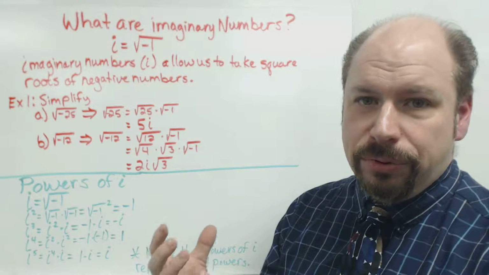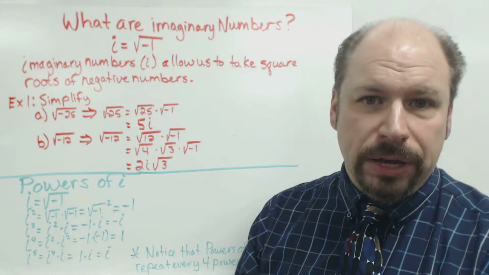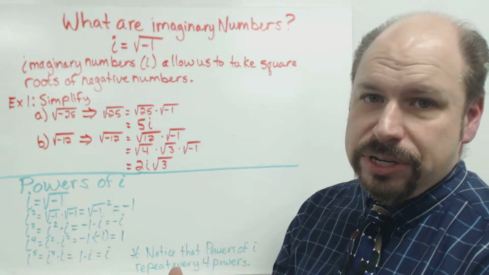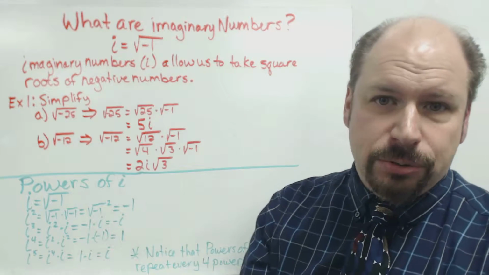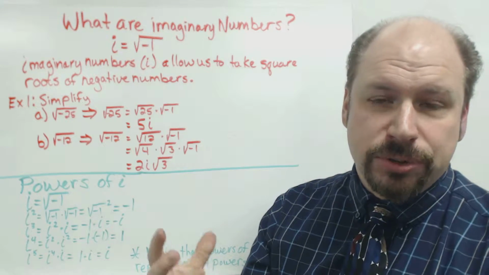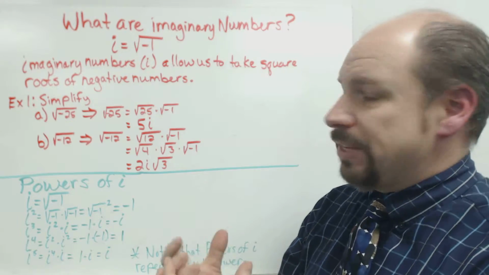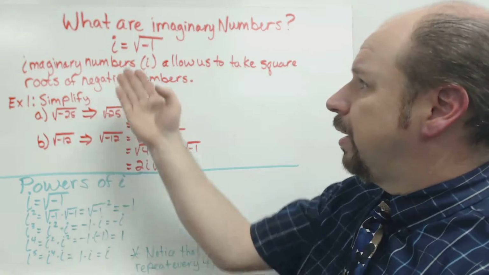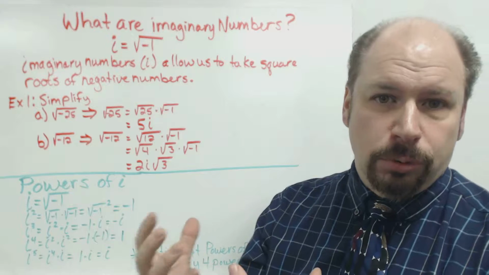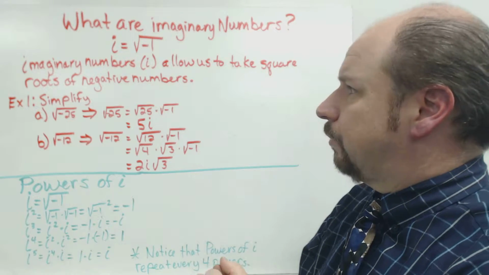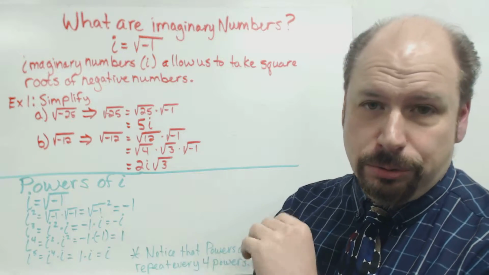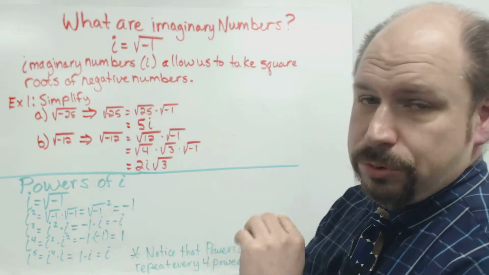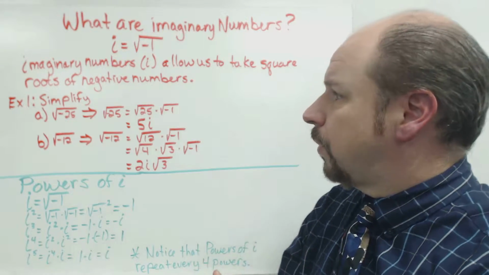But now that we have imaginary numbers in our toolbox, we can start taking square roots of those numbers. So i is defined as the square root of -1. That's in a nutshell what imaginary numbers are: numbers in the form where i is equal to the square root of -1. Imaginary numbers allow us to take the square roots of negative numbers.